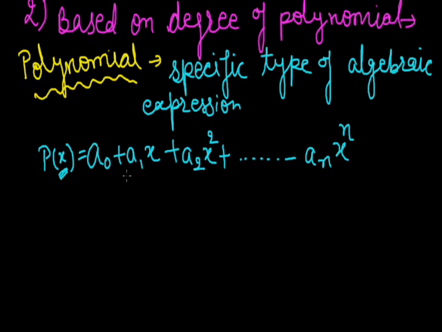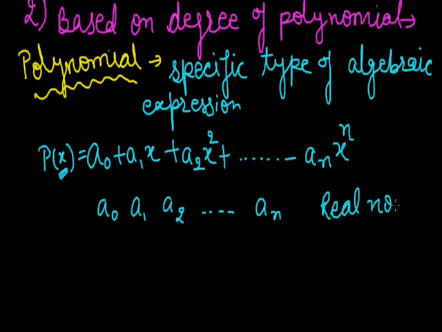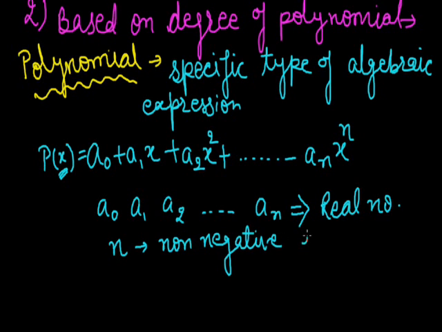Here a0, a1, a2 up to an should all be real numbers. This is a major constraint for the polynomial. All are real numbers, and the exponent given to the variable x is a non-negative integer.